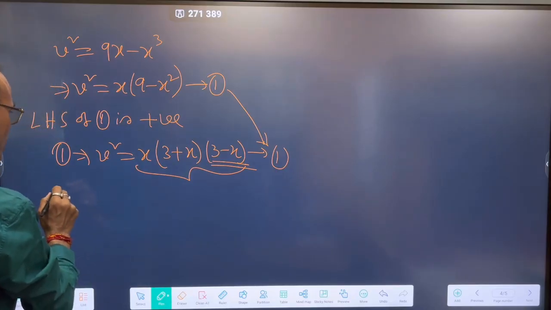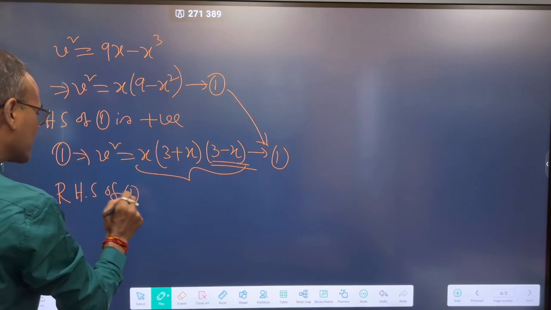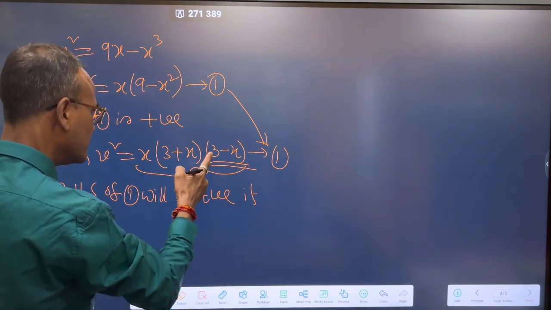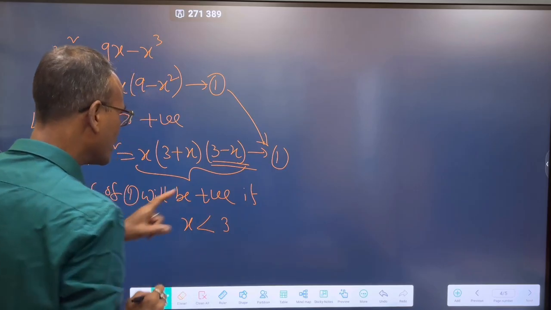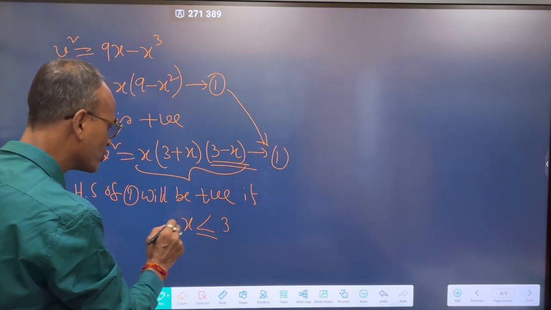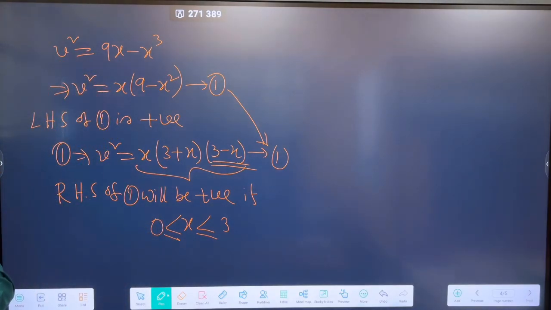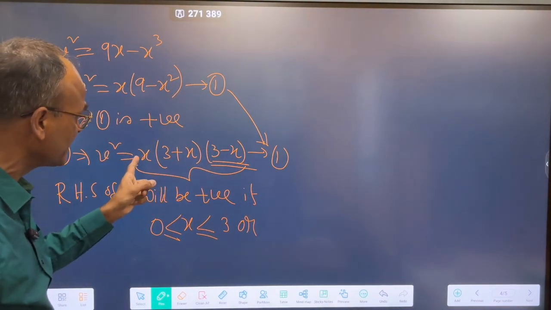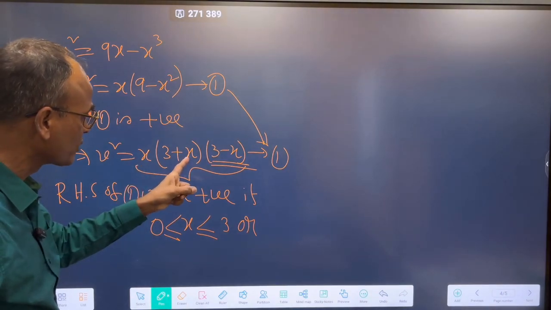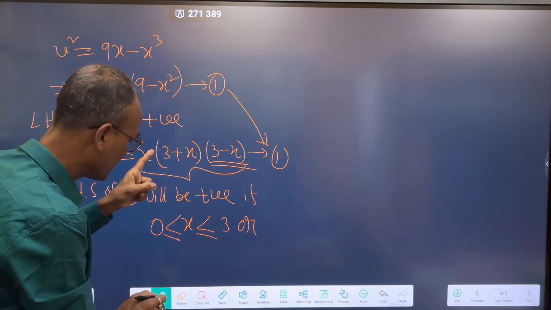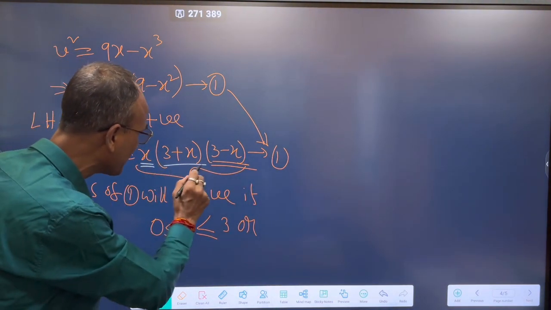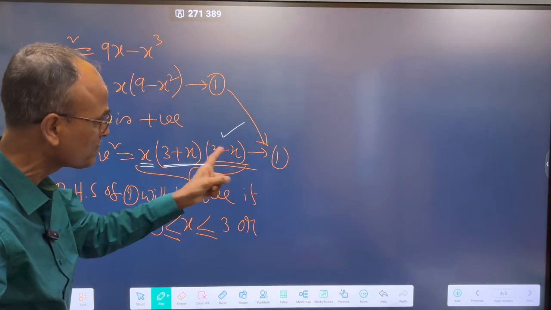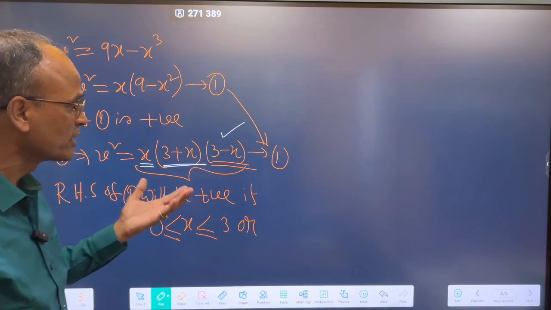Therefore, the right hand side of 1 will be positive if x has to be less than 3, equality is also fine, and 0 is less than or equal to x, x is less than or equal to 3. Now reduce further, put -1. This term will be minus, this term will be plus, and this term will be plus, so the product will be negative.